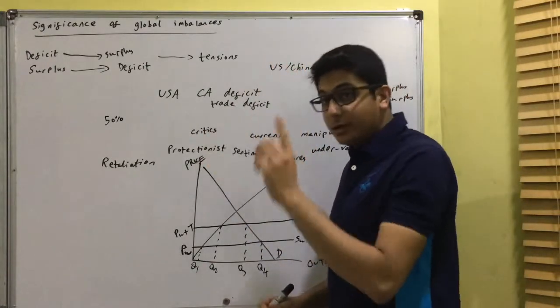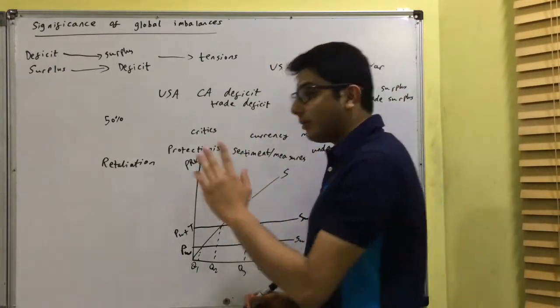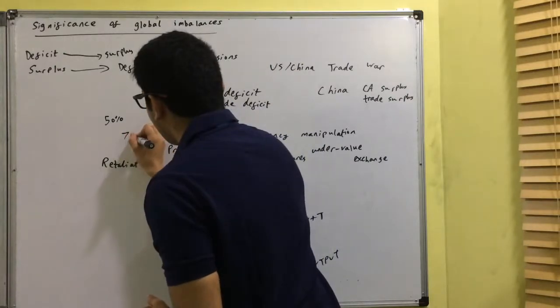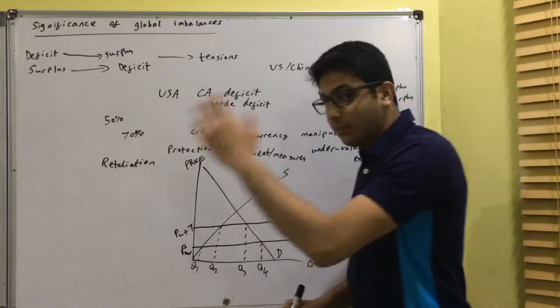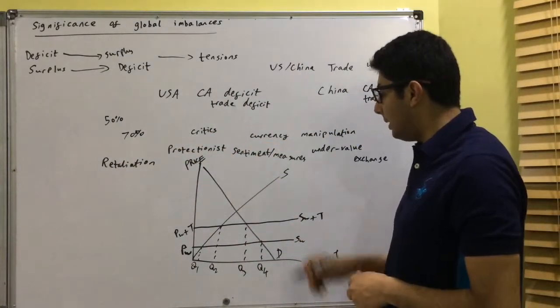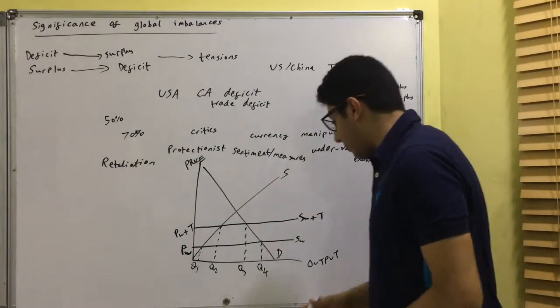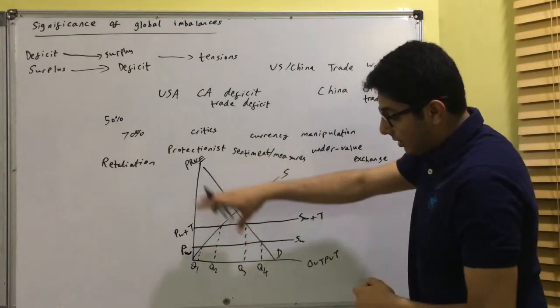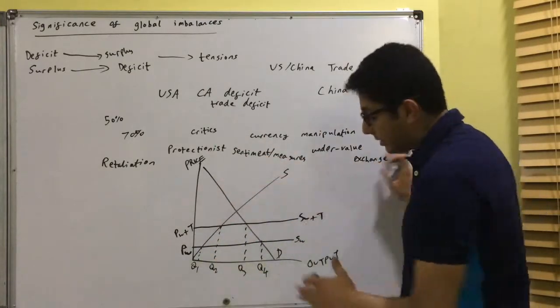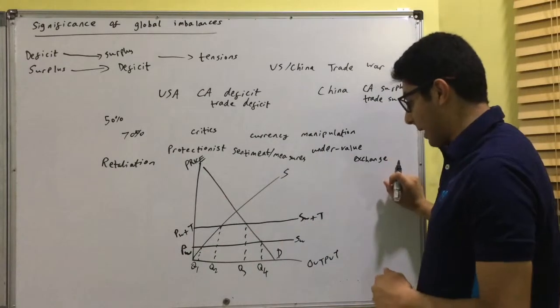China's retaliatory tariffs on the USA now total about 70% of the value of US imports into China. So that retaliation, of course, both countries experience the consequences and the ramifications of this tariff diagram.